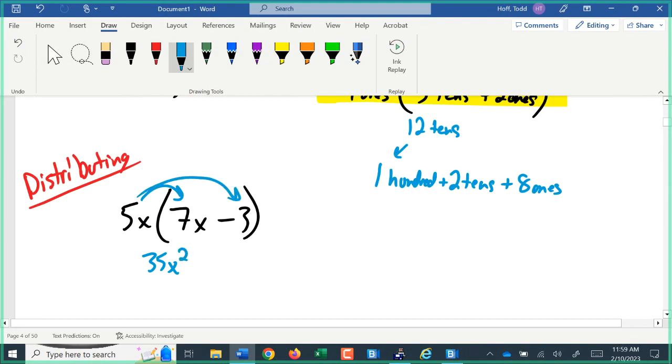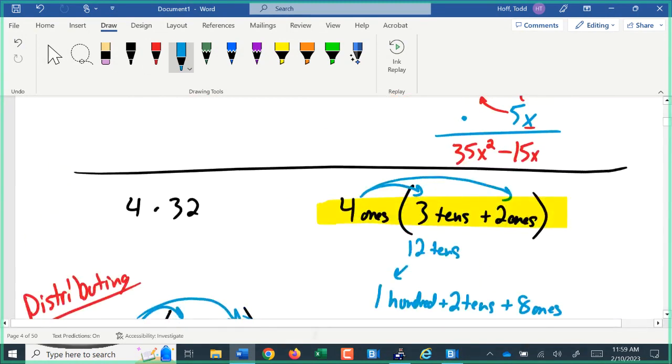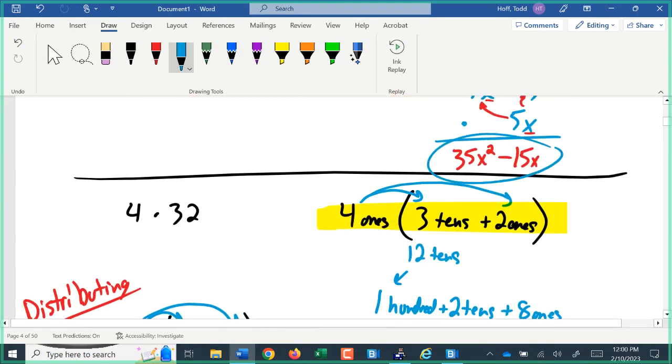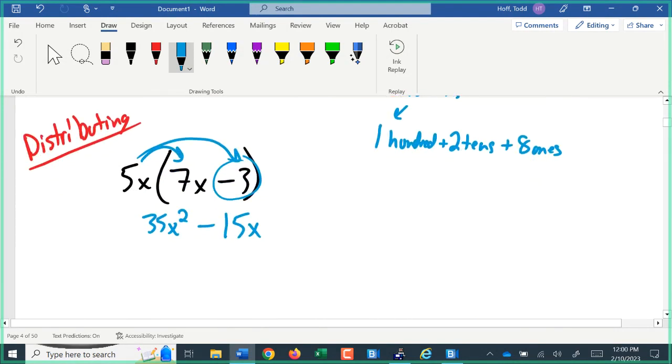Then we take the 5x times, remember this is a negative 3. An operation always operates on the number coming after it. So 5x times negative 3 is a negative 15x. Again, that's exactly what we got up above here. It's just a much different process. It looks different. So we can use the exact same processes with our algebraic numbers as we can with our whole numbers.